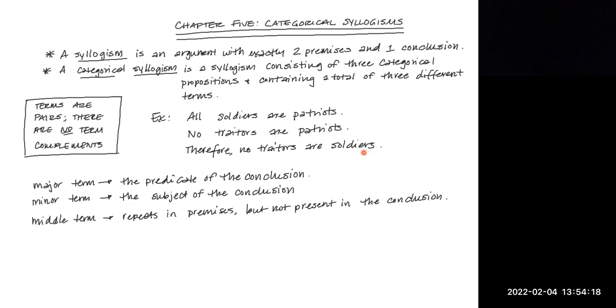The minor term is in the subject position in the conclusion, and the middle term repeats in the premises but is not present at all in the conclusion. So here, soldiers would be your major term, traitors would be your minor term, and patriots would be your middle term.